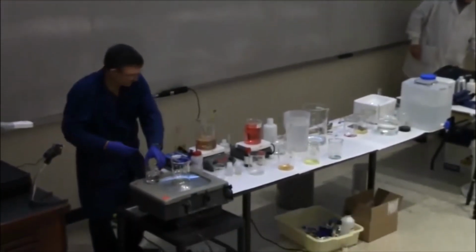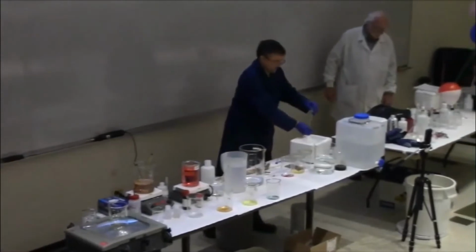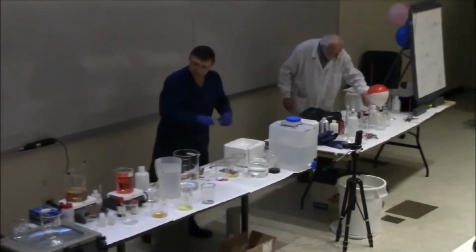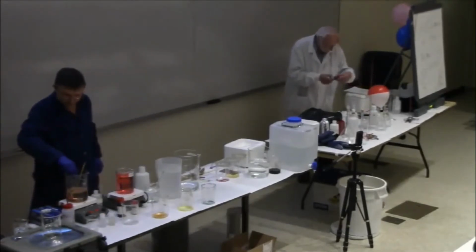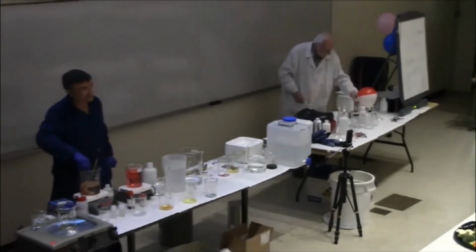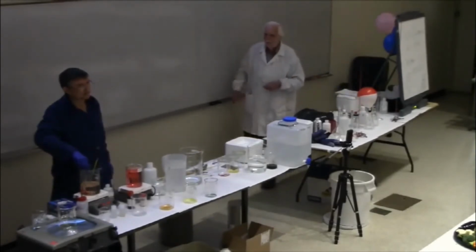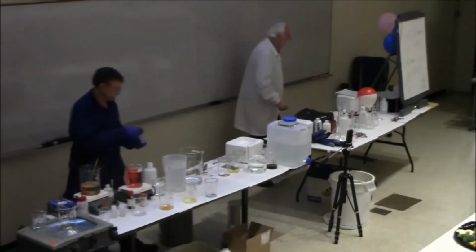No doubt. How about this experiment? That's just another piece of ice, and I'm going to put it in the water. But that's not a regular ice. The next one is made out of D2O. D is an isotope of hydrogen.